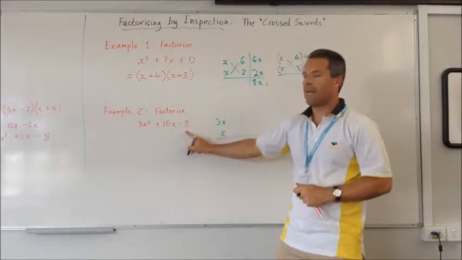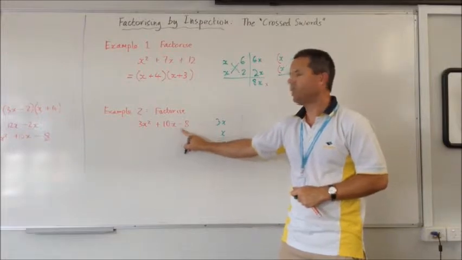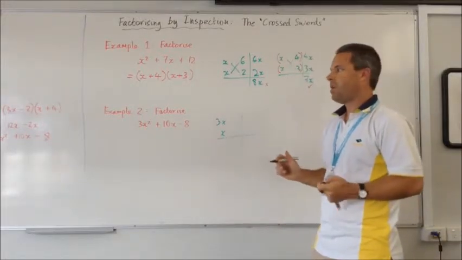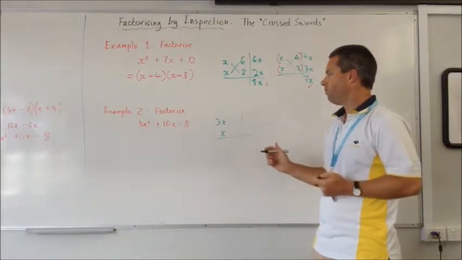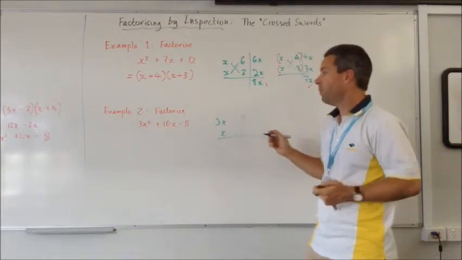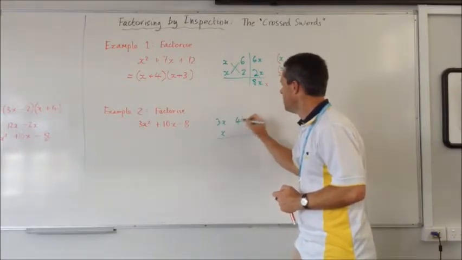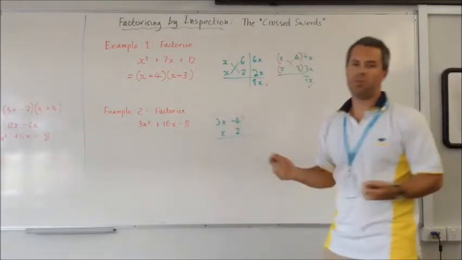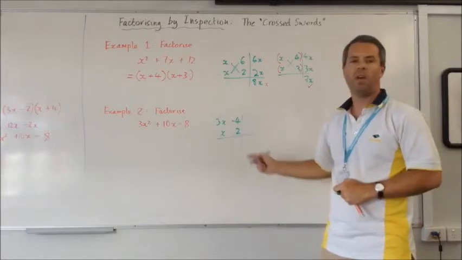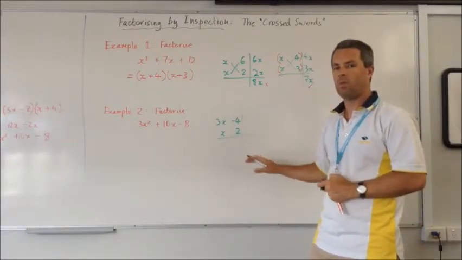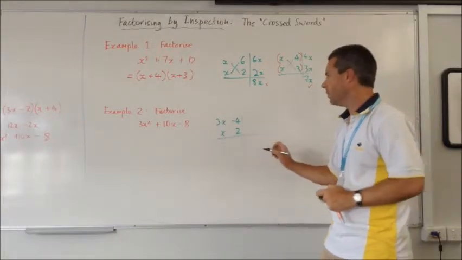Now we're looking at factors of 8. Actually, negative 8. So factors of negative 8, we could have negative 2 and 4, for example, or negative 4 and positive 2, maybe. Again, we're just guessing here. Doesn't matter if you can't see whether it's going to work or not, just guess to start with.